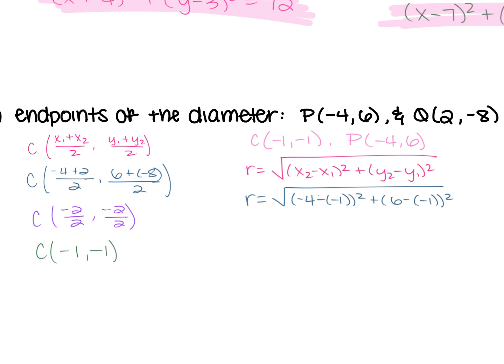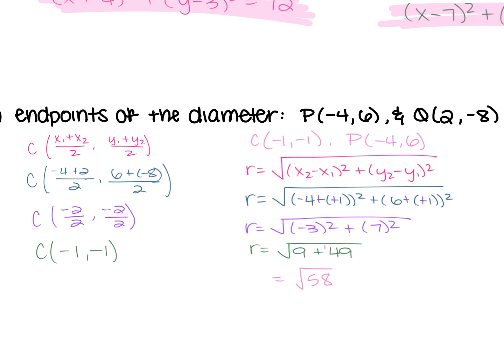Double negatives turn into positives. So that's the square root of negative 3 squared plus 7 squared. Negative 3 squared is 9. The 7 squared is 49. 9 and 9 is 18. Carry the 1.